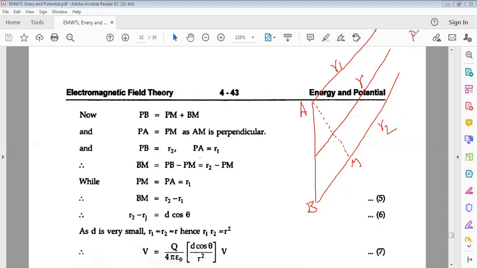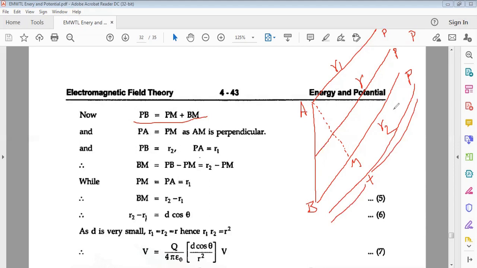The point P is far away from the dipole, so R1, R2 and R are parallel lines. So PB is equal to PM plus BM. Got it, my dear students?